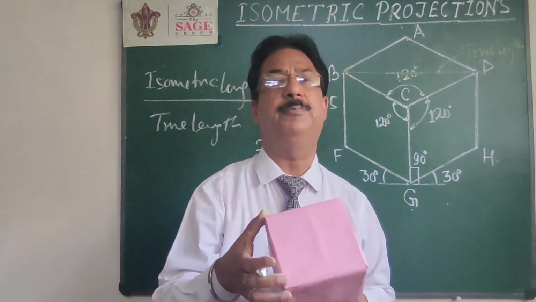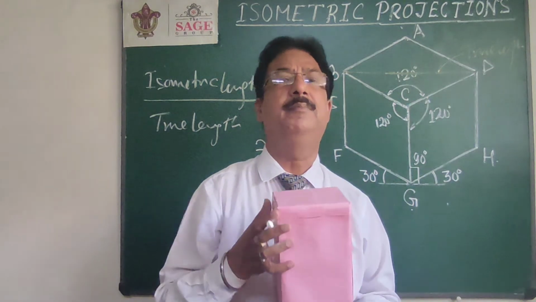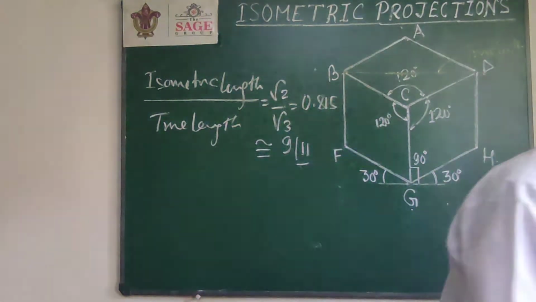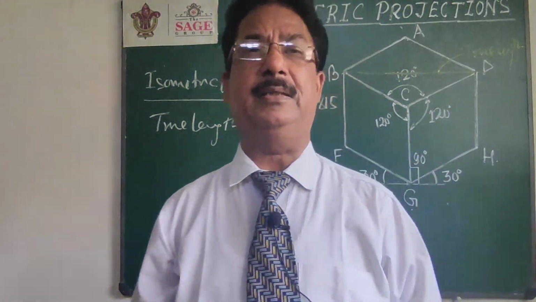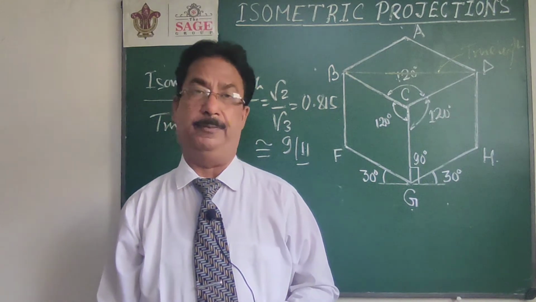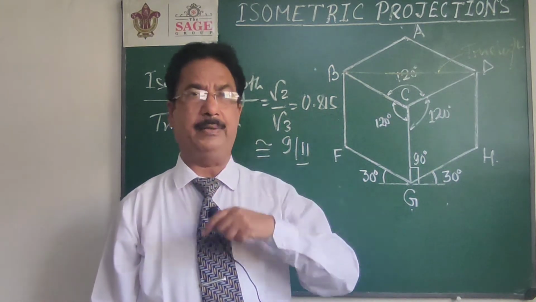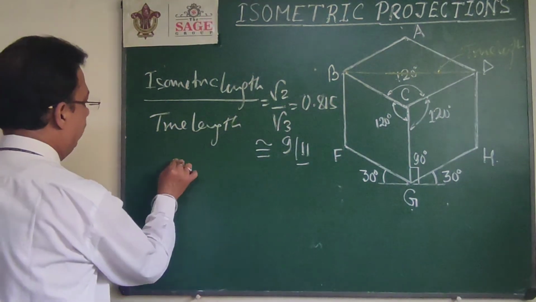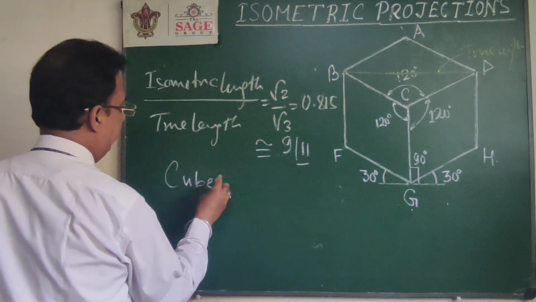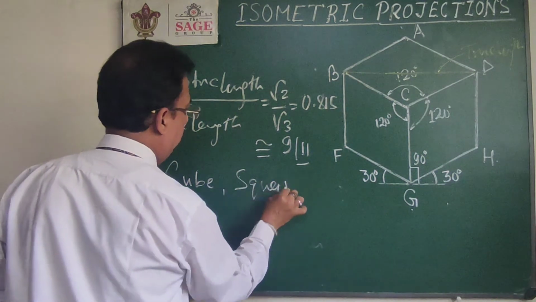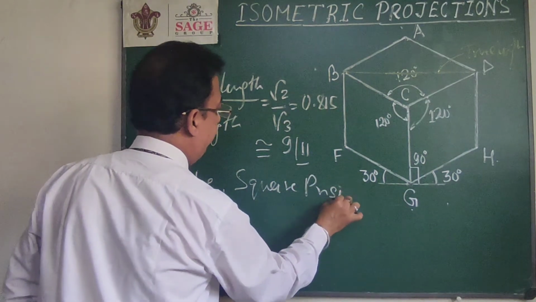Its base is a square like the cube, but this time the height is bigger than the cube, or maybe it is a square block. And the third object that can have all the lines as isometric lines is a cuboid. So what is common between these three objects: the cube, the square prism, and the cuboid.